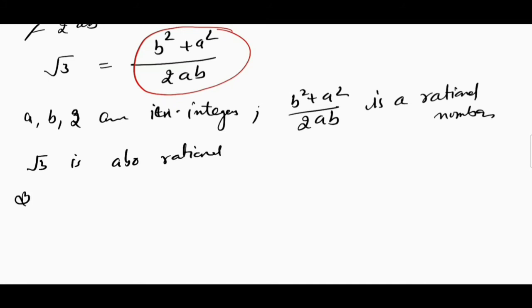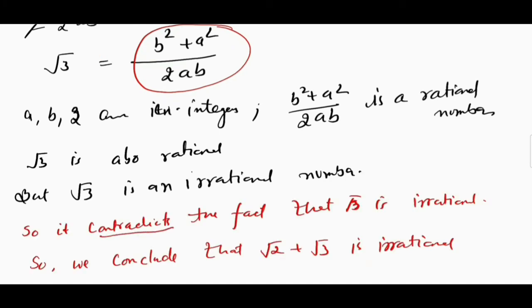But we know that square root of 3 is an irrational number. So this contradicts the fact that square root of 3 is irrational. So we conclude that square root of 2 plus square root of 3 is irrational, hence proved.